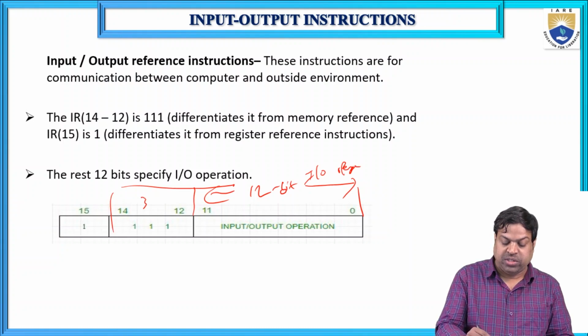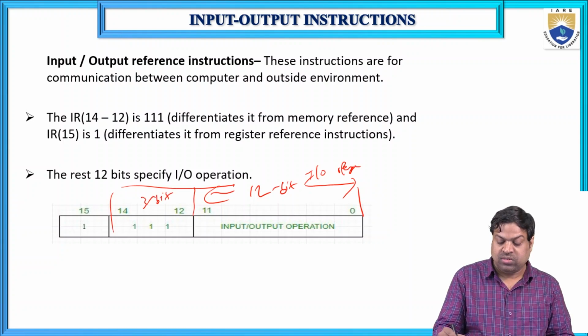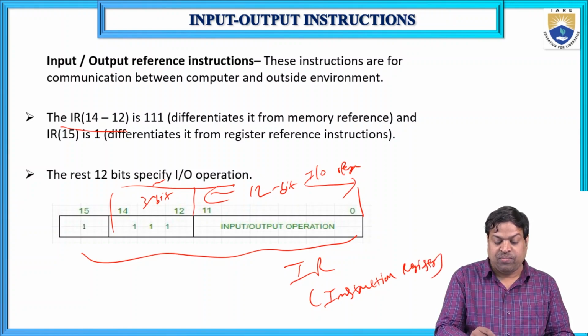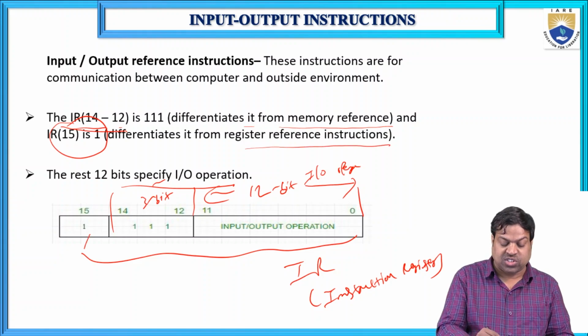It is 3 bits in the IR instruction register. In total it is the instruction register, and IR bits 12 to 14 are 111, which differentiates from memory reference, and IR15 equal to 1 differentiates from register reference instructions.